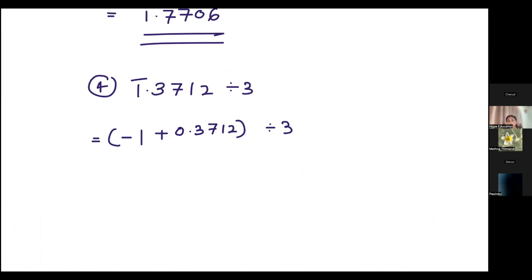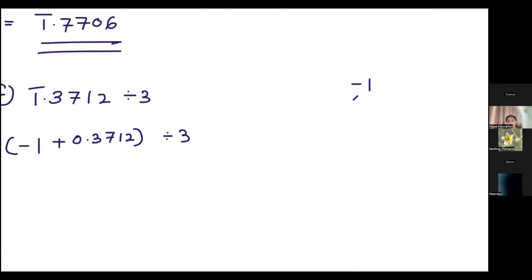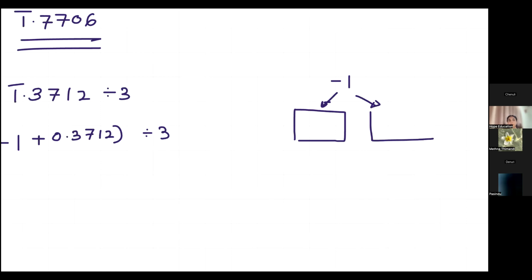So I have to break minus 1 down in such a way that I have a negative characteristic that can be divided by 3. So one should be a negative characteristic which is divided by 3. The other one should be a positive characteristic. Remember it this way, then it will be easier for you.